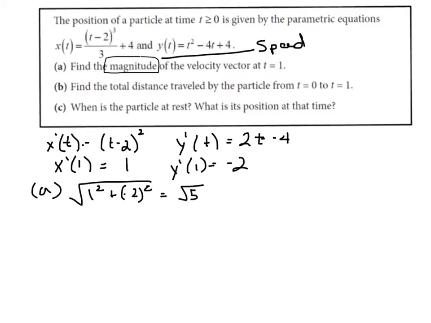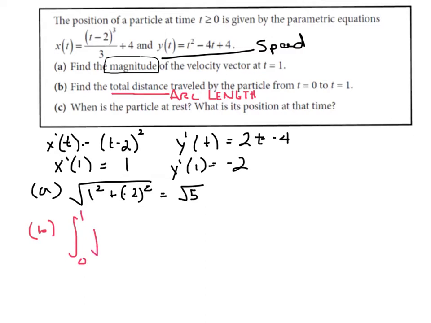The total distance traveled. Well, remember, we're moving about in the xy plane, so now we're talking about arc length. Remembering our arc length formula for parametrics, it's an integral. Bounds will be 0 and 1.